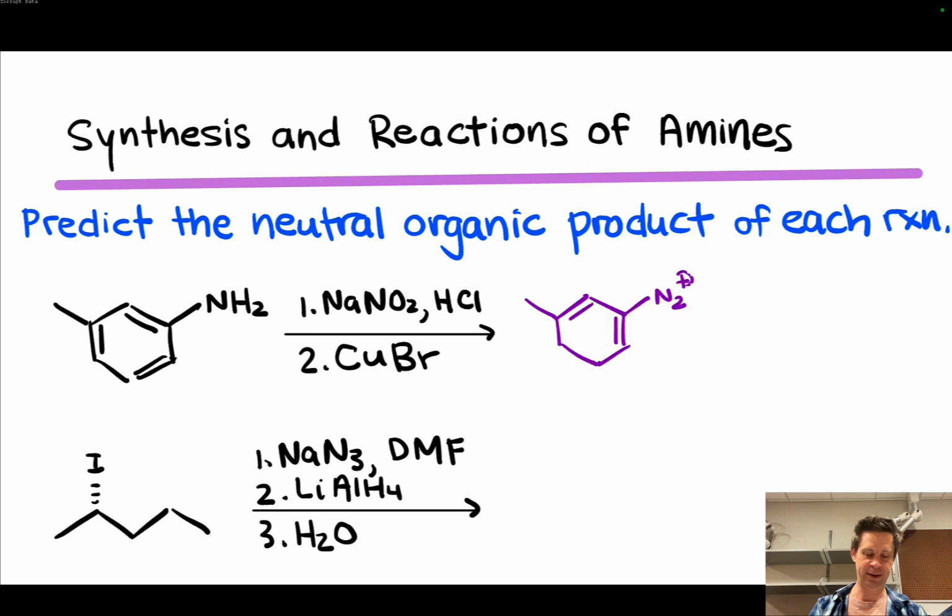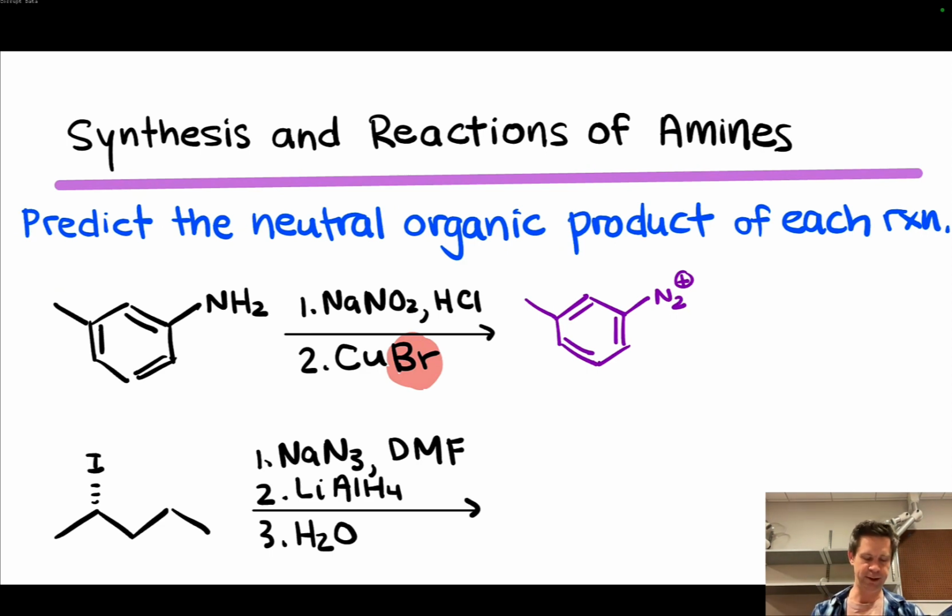We're going to have this aryl diazonium, and notice that the methyl group that was present in the original substrate is still there. Now, what's the deal with the copper-1 bromide? Well, long story short, copper-1 bromide is a source of bromide as a nucleophile, and for mechanistic reasons, the copper-1 facilitates loss of N2+ as a leaving group, and the bromide can then substitute for the N2+ overall.